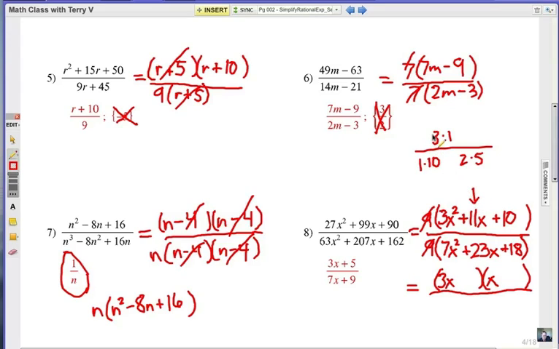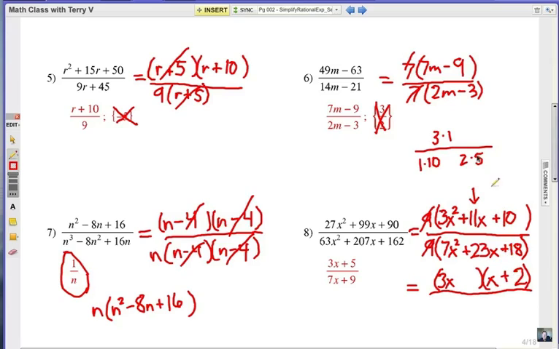So if I do 3 times 1 is 3, 1 times 10 is 10, add those, that gives me 13. Not quite. But if I do 3 times 2 and 1 times 5, that'd be 6 plus 5. That would work. That gives me 11. So I want the 3 to multiply by the 2. That means that the 2 has to come here.